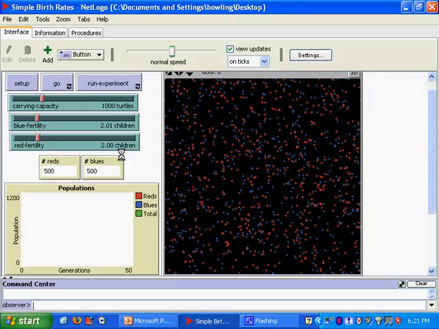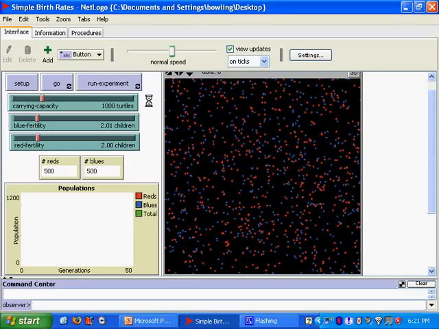Your initial guess may be, well, there's going to be maybe 550 blues in the steady state compared to 450 reds. We're also assuming that the carrying capacity of this particular environment is 1,000 agents or 1,000 turtles. So you look at this and say, well, blue has a small incremental competitive advantage, only 0.5%. So that means they're going to dominate the market maybe by 0.5%, or maybe a little more, maybe a little less, but somewhere around that number. So maybe 600 to 400 is a good steady state number.